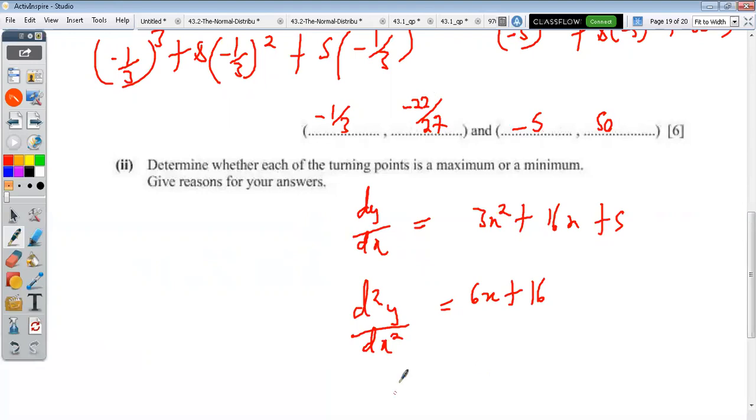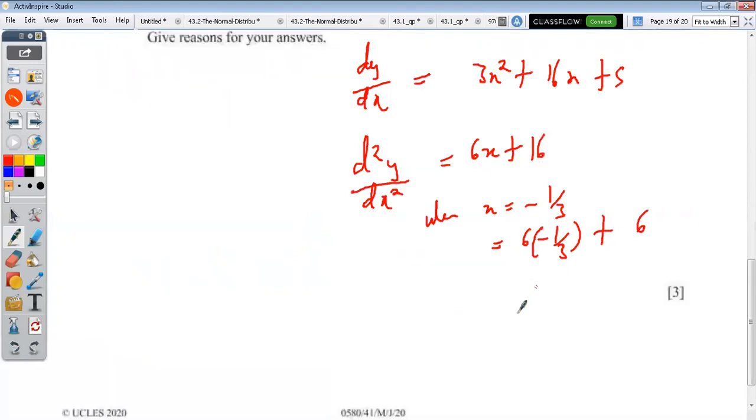So when x is equal to negative a third, this is 6 brackets, negative a third plus 16. What do we get? We get 20?